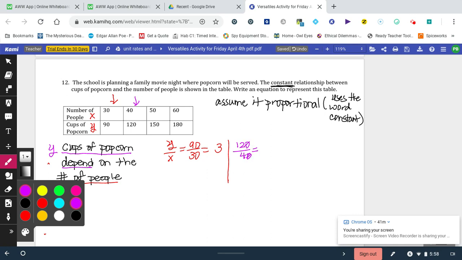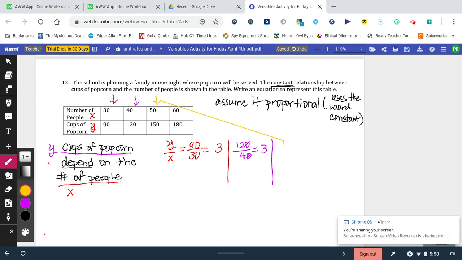And look at this, it is 12 divided by 4, which is 3. The next one we're going to check is 150. So we have 150 divided by 50. I'm going to cross those zeros out again. And I basically have 15 divided by 5, which is 3.